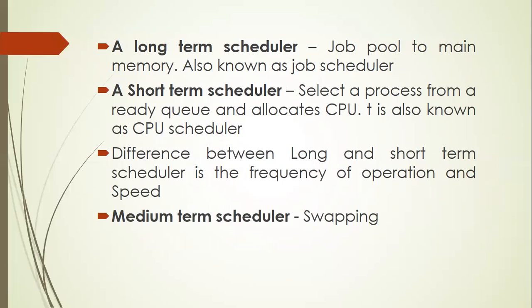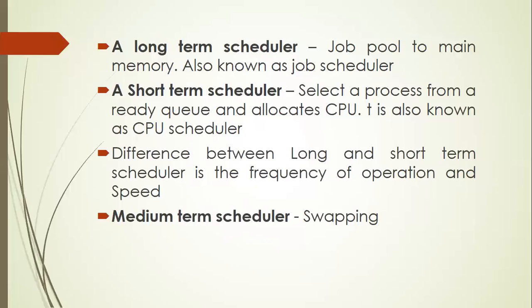A long-term scheduler's main function is to move the job from the job pool to the main memory. Another name for the long-term scheduler is the job scheduler. Suppose there are 100 programs which need to be executed by the CPU. Definitely, we cannot bring all 100 programs simultaneously into the main memory.